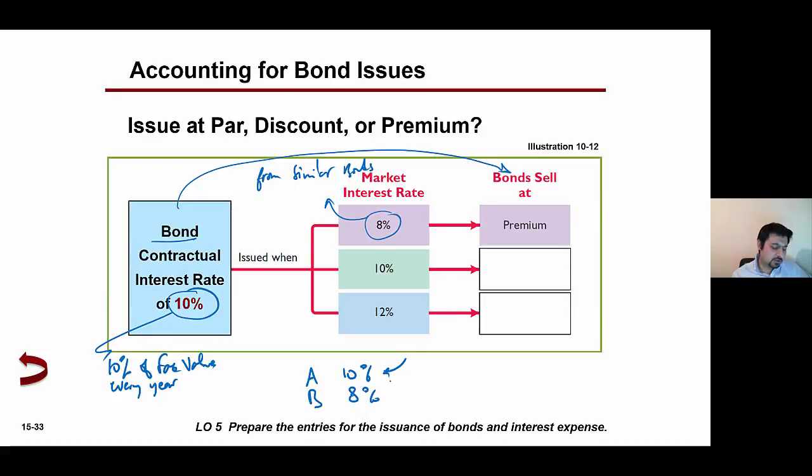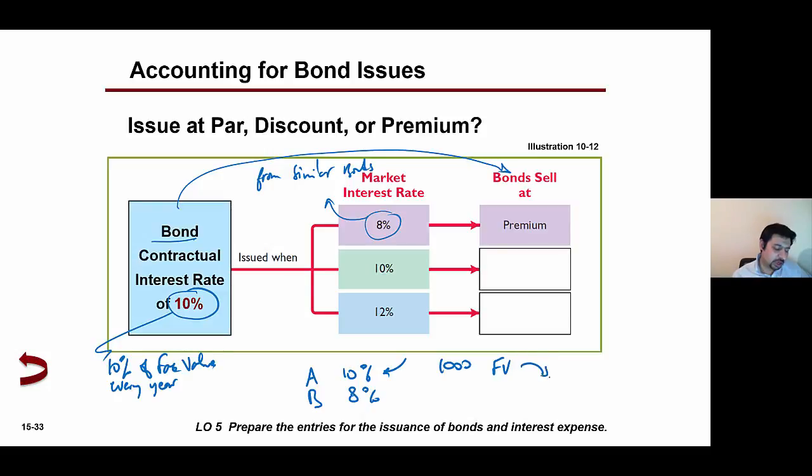However, instead of selling this bond at face value of $1,000, the company might say, I will sell it at a premium.